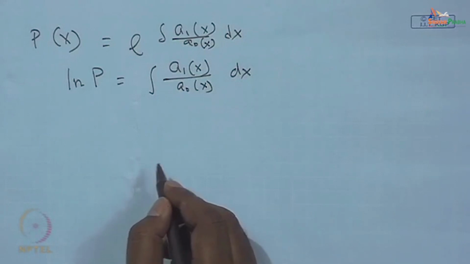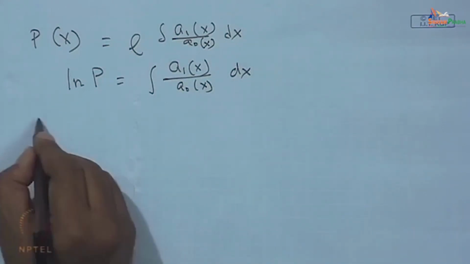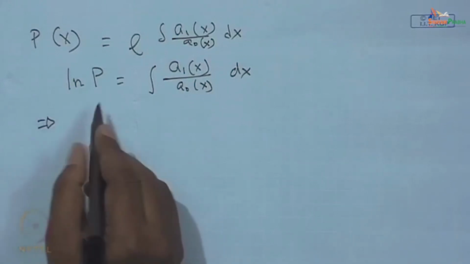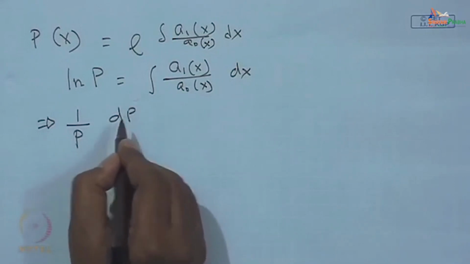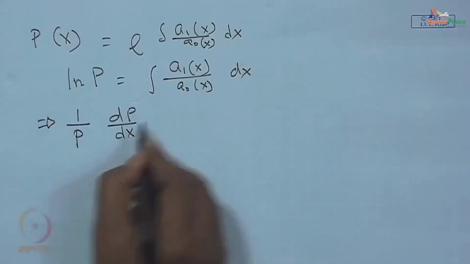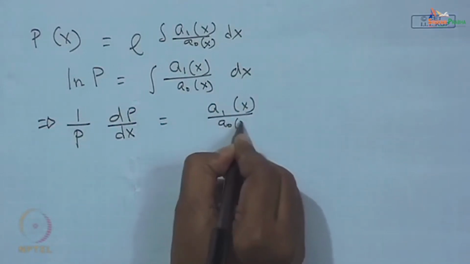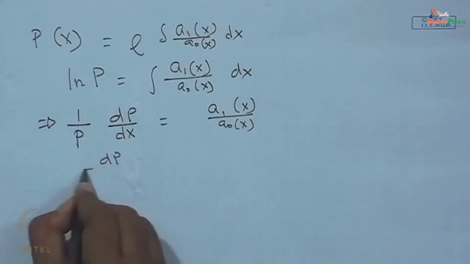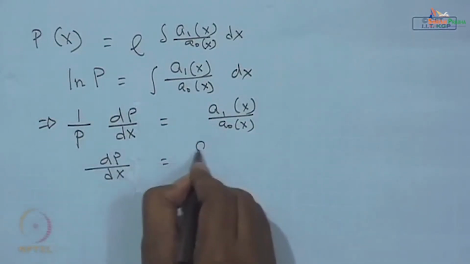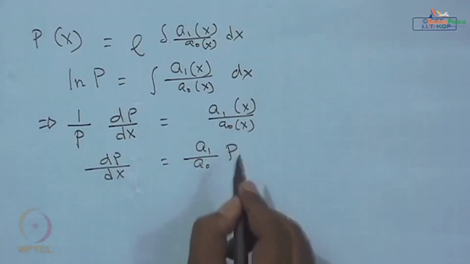Okay. So, if we differentiate both sides with respect to x, you will be getting 1 over p dp/dx is nothing but a1 divided by a0, and you will be getting dp/dx is a1 divided by a0 times p.